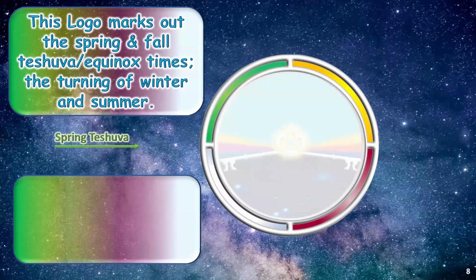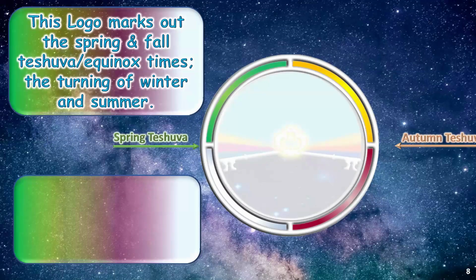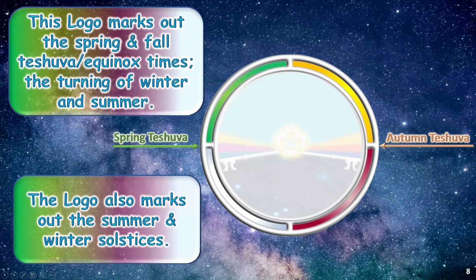This logo marks out the spring and the fall teshuva equinox times. It marks out the turning of winter when it turns to spring, and it marks out the turning of summer when it starts to turn to the winter. The logo also marks out the summer and the winter solstices.